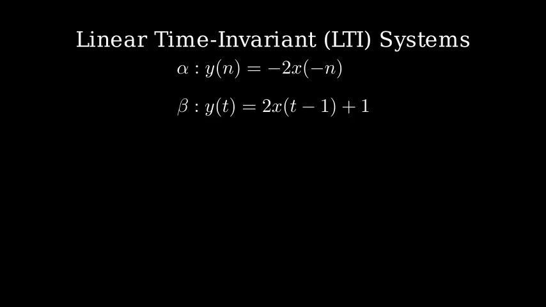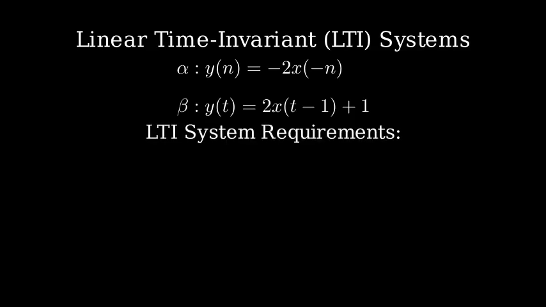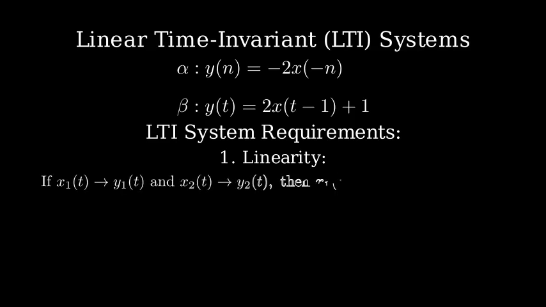Before we dive into our analysis, let's first understand what makes a system LTI. A system is linear time-invariant if it satisfies two properties, linearity and time-invariance. For linearity, the system must satisfy two conditions, superposition and homogeneity. Superposition means that if input x1 produces output y1 and input x2 produces output y2, then the input x1 plus x2 must produce the output y1 plus y2.